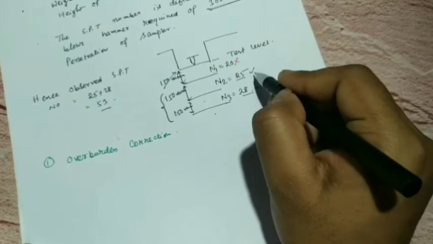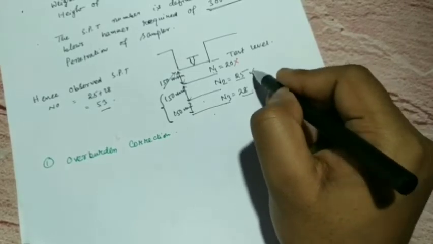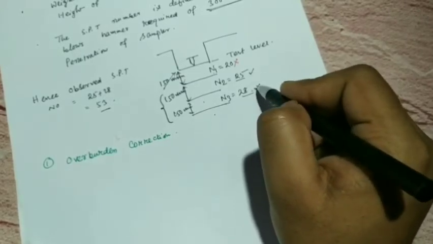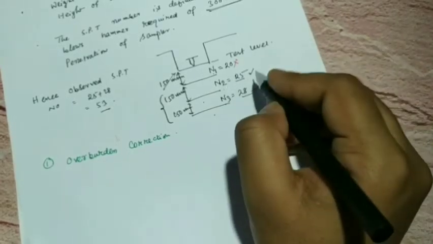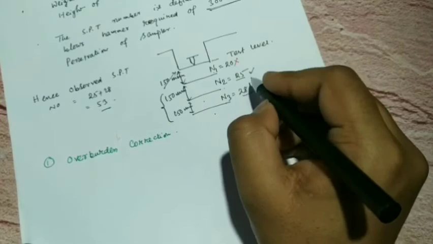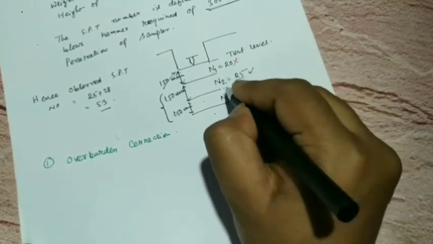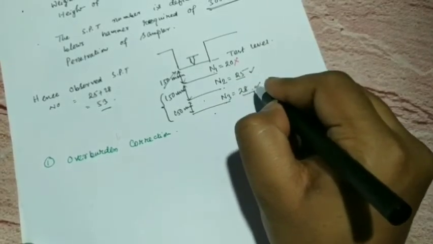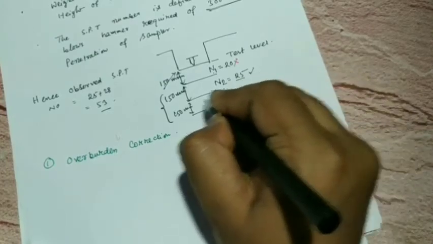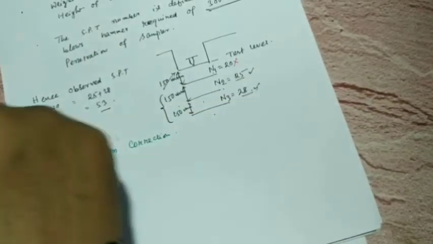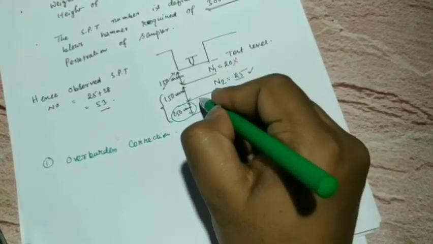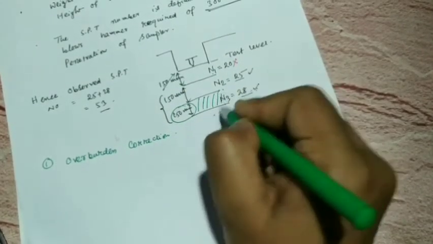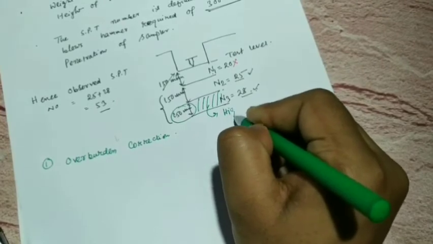But if these soils have different confining pressure, then for the soil having high confining pressure we have to provide a higher number of blows. Suppose for the last 150 mm penetration this soil has high confining pressure.